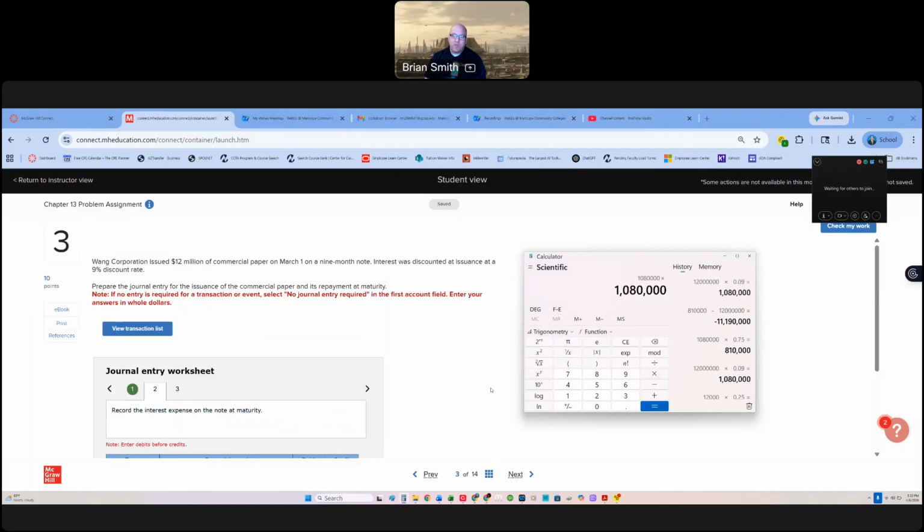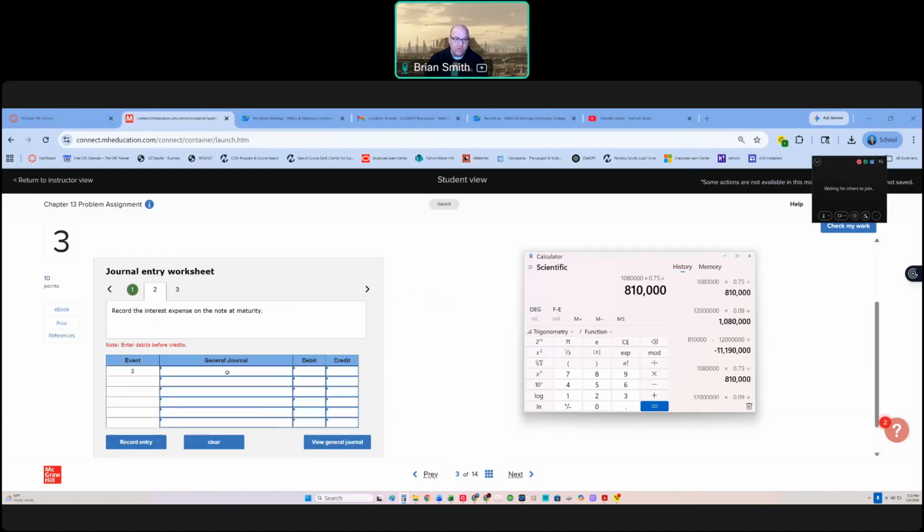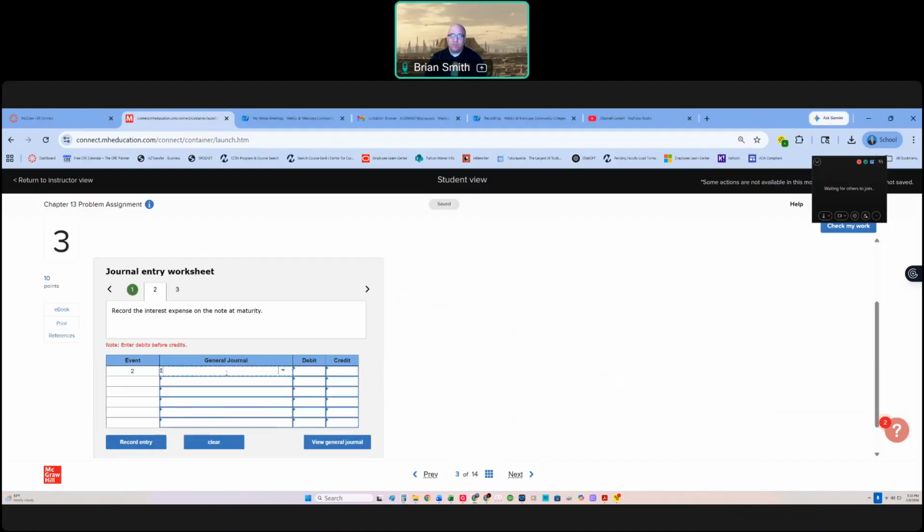So we multiply by the interest rate, then multiply by the 9/12, which is 0.75. I think we already did this, didn't we? 810,000. So we're going to be debiting the interest expense for 810,000, crediting the discount on notes payable 810,000. So this is recording our interest. We're moving it from the discount to the interest.